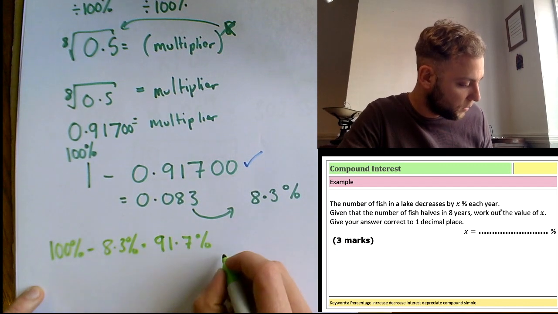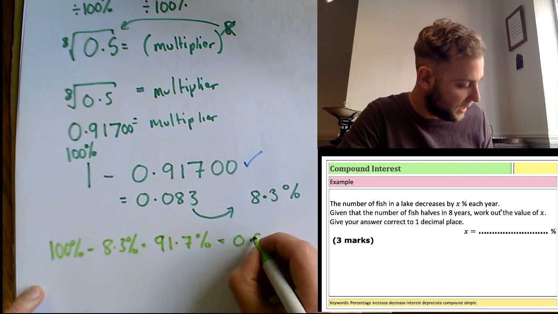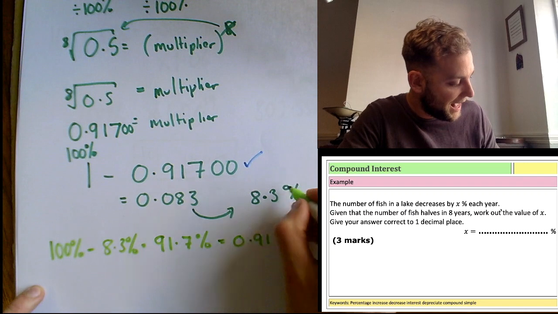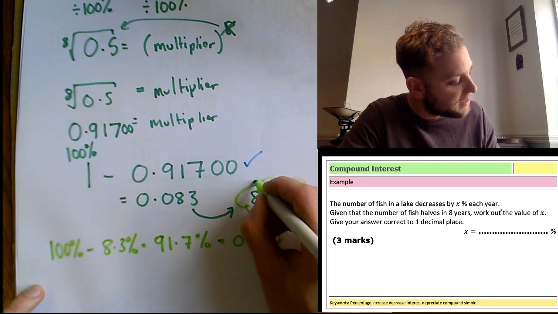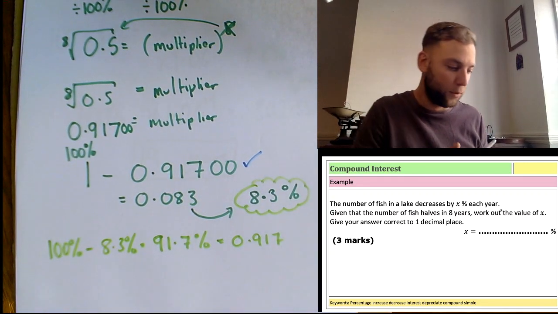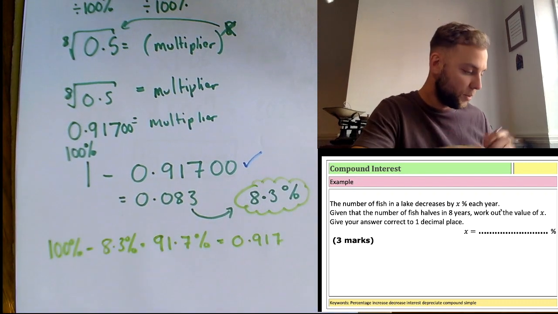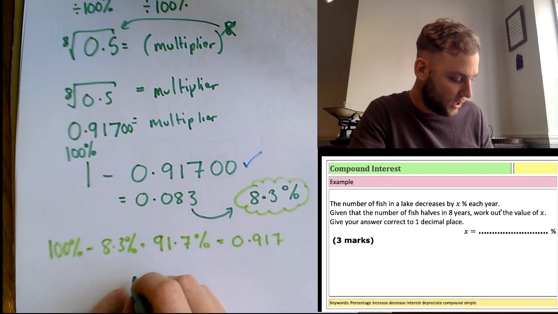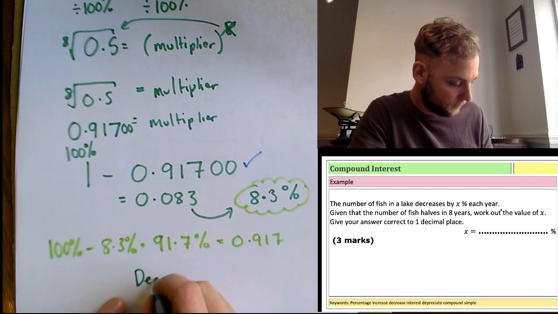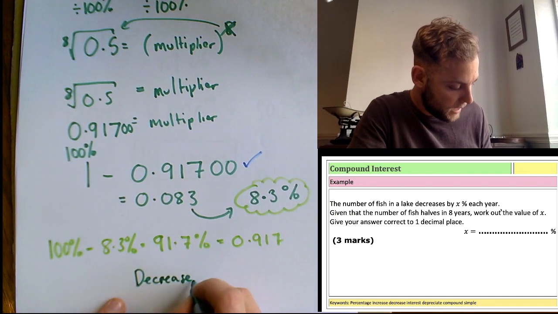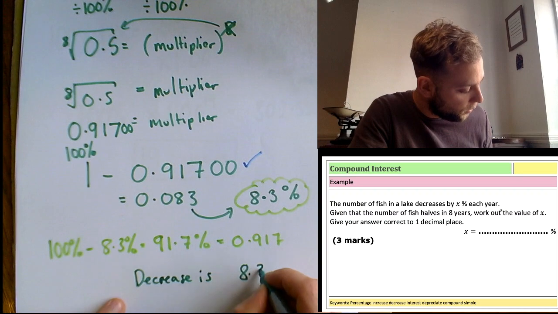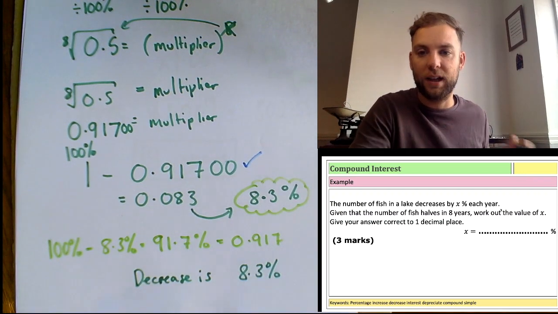And then as a multiplier, this is equal to 0.917. So this here is what I had to decrease by, the 8.3%. So that there, you don't need this extra part, that's just to prove it. But this here is a decrease in 8.3%.